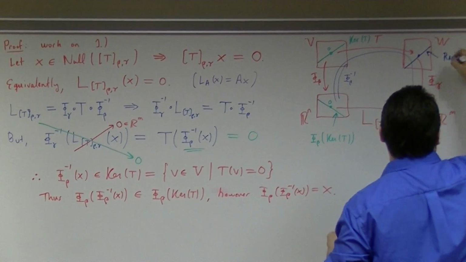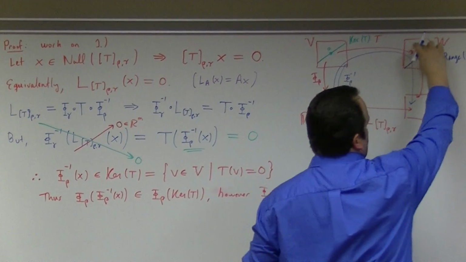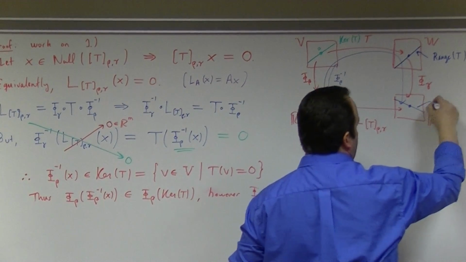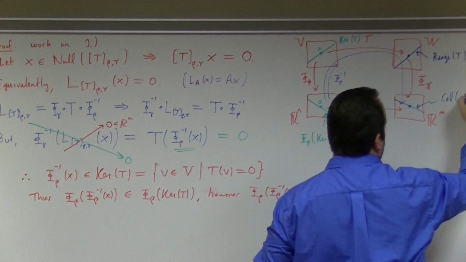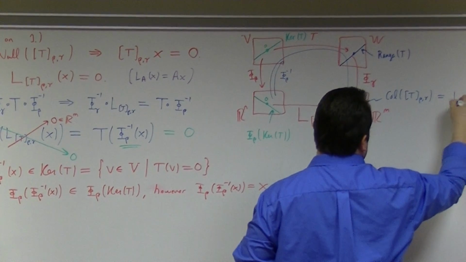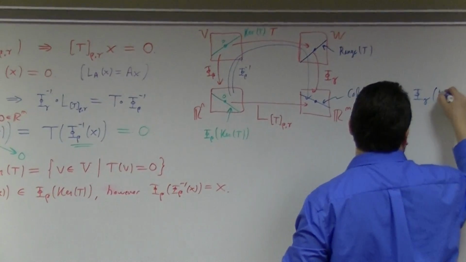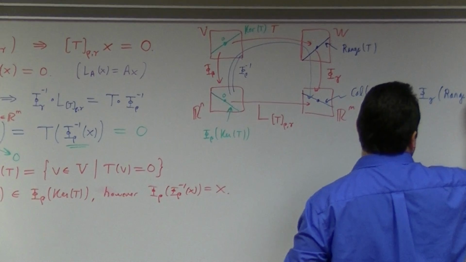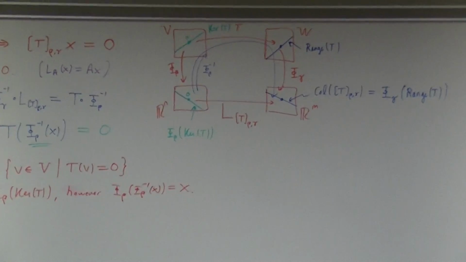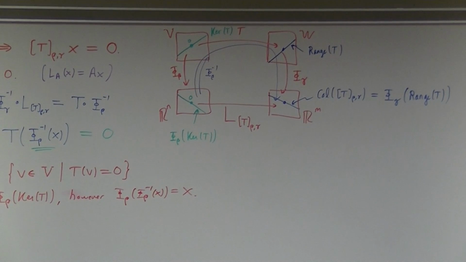And what this theorem says is that the range of T is mapped under the codomain's coordinate mapping down to something over here, which we can identify with the column space of the matrix of T. So there's a connection between the kernel and the null space, and there's a connection between the range and the column space, right?